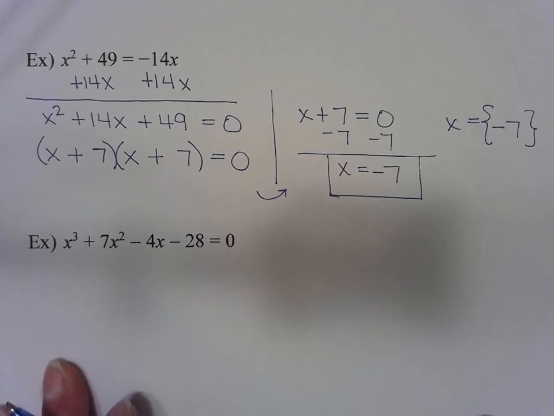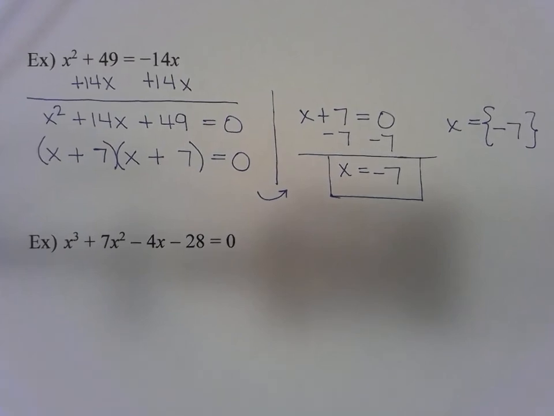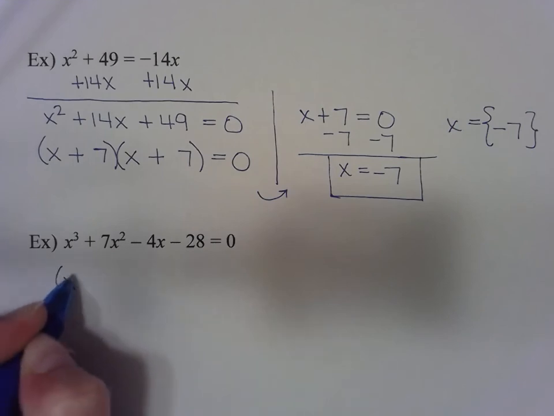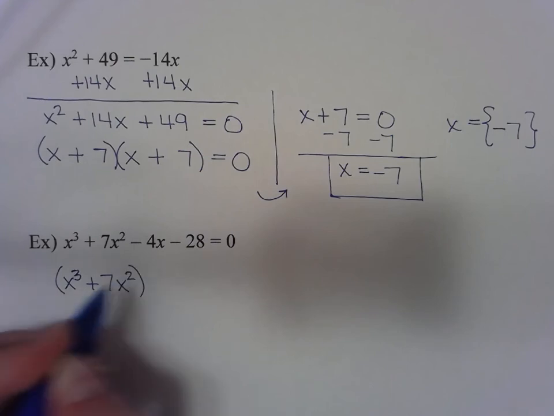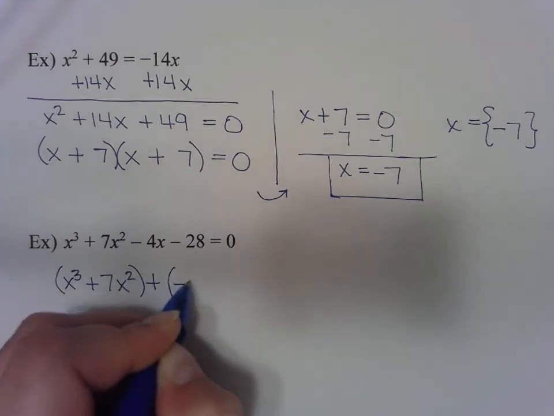All right, how about one more? This time we're solving with x cubed, but that's okay because we can still use factoring to do it. What kind of factoring should we use? Yeah, factoring by grouping, because we have 4 terms. So let's pair them up.